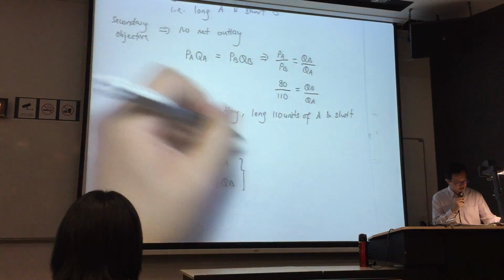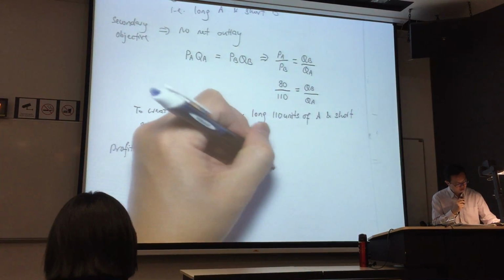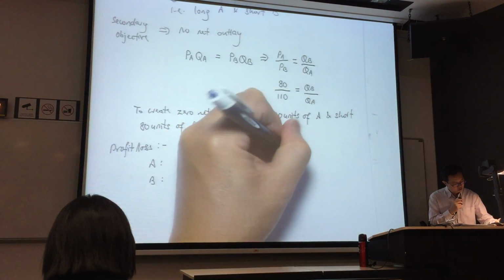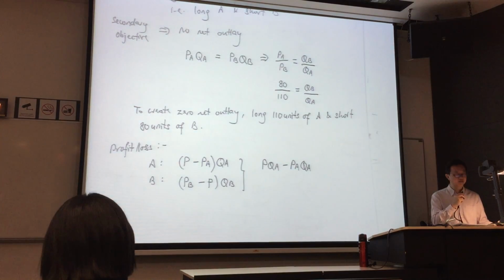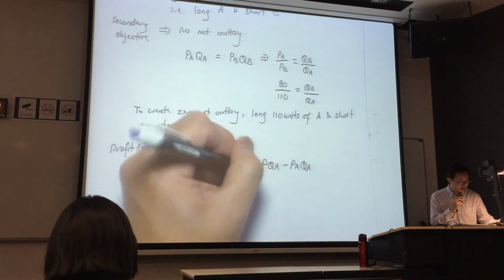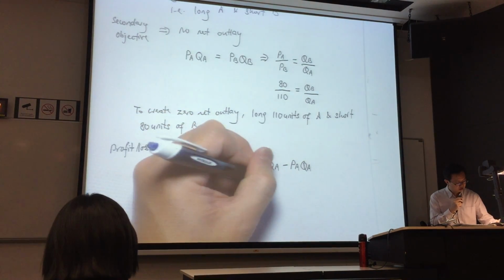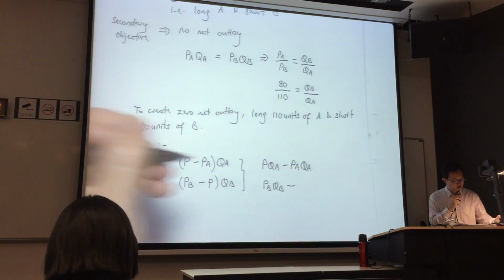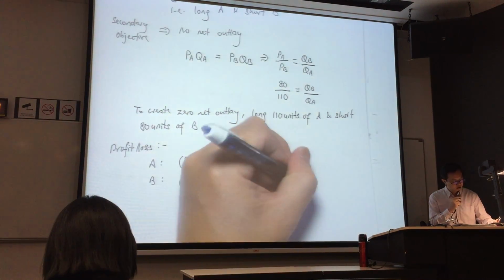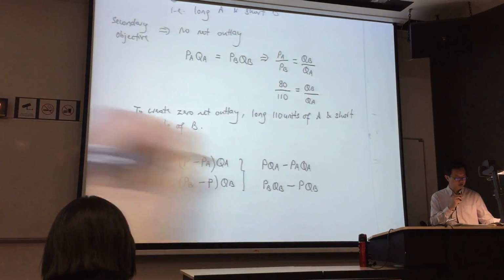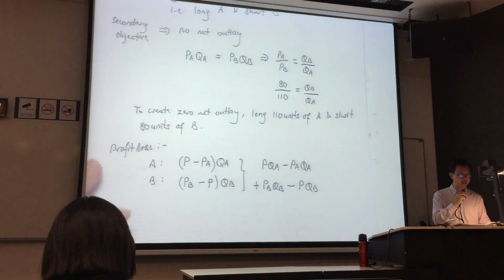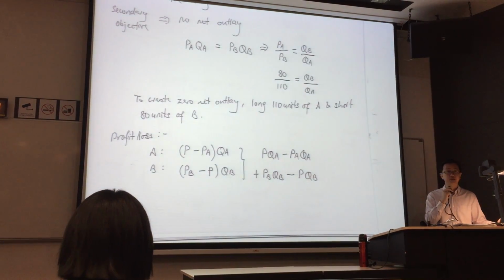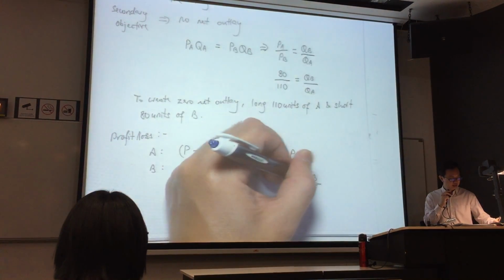So I will have P QA minus PA QA, and this is PB QB minus P QB. I'm going to add these two positions together to give me the profit and loss.